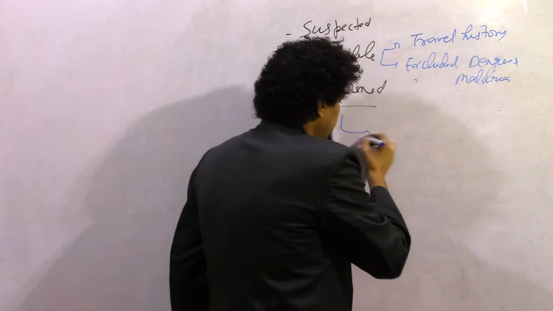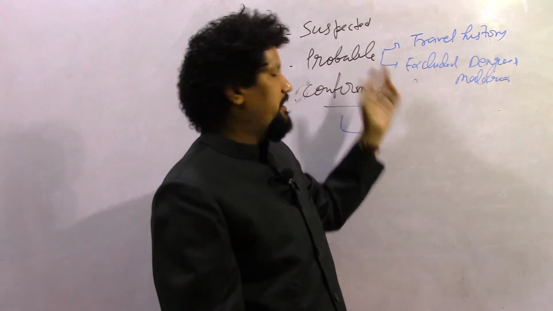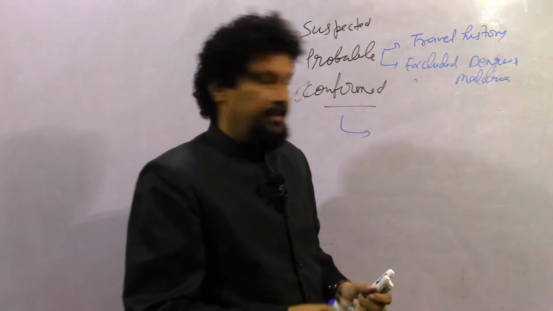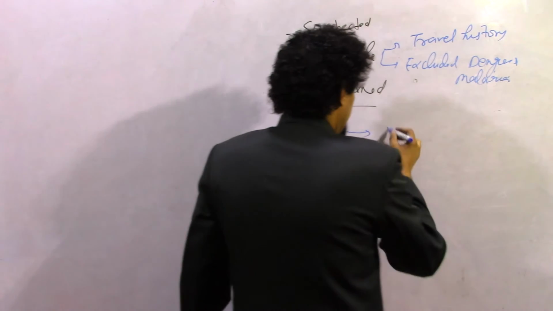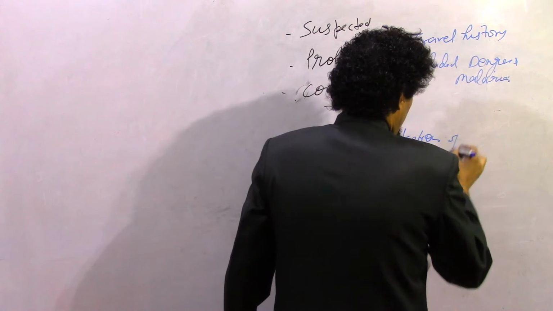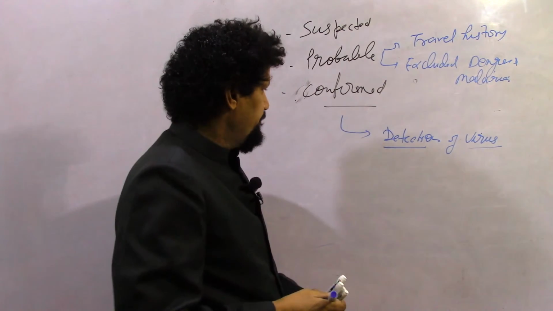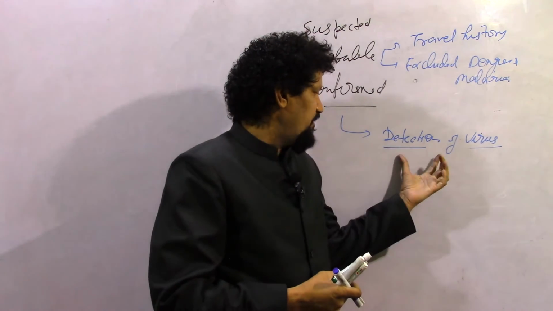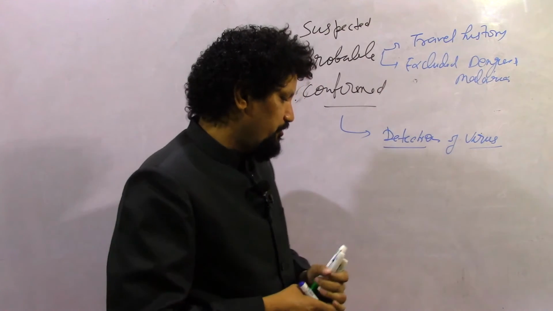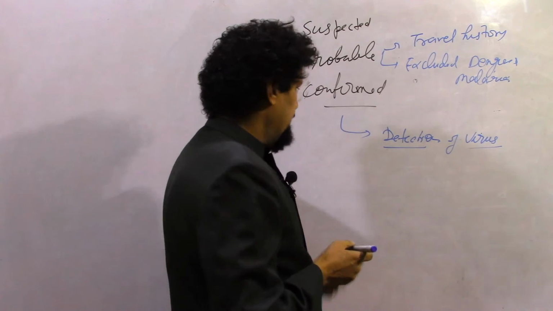The confirmed cases of chikungunya are the patients who are having all signs and symptoms of the probable and suspected cases, and the detection of virus in blood in early phase of disease, that is within 5 to 7 days, serological detection of the virus.